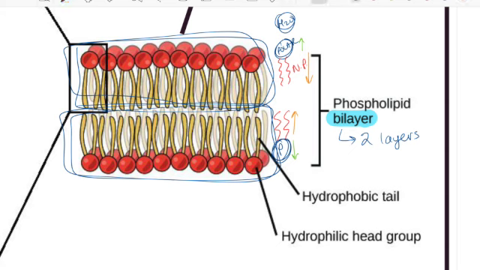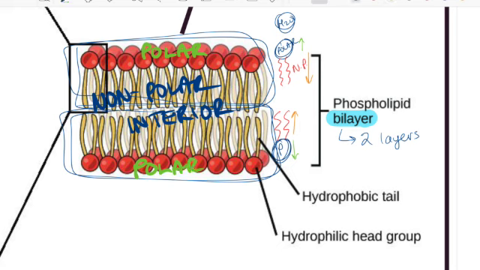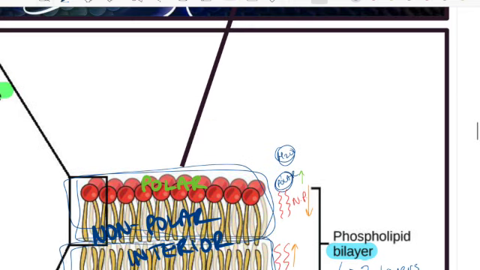So this makes a nonpolar interior with these polar surfaces. This would be inside of a cell, and this would be outside of the cell.